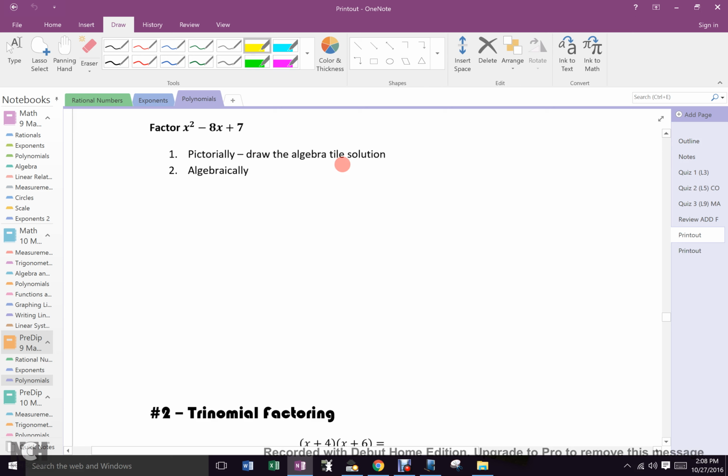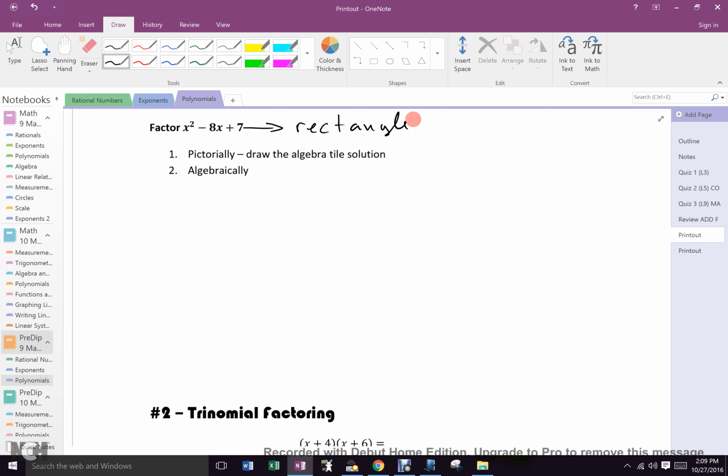All right, so pictorially, you don't have your algebra tiles anymore. I want you to factor this, which means make the rectangle. Now you guys just messed with your heads with 5 and 6, yeah? Have a look at this one. What do you have to start with?